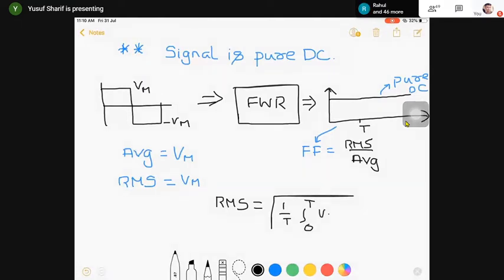If I integrate this, the result I'll get is Vm. Similarly, if you calculate the average also, you'll get the same value. So if I calculate the form factor, the result is form factor equal to 1.